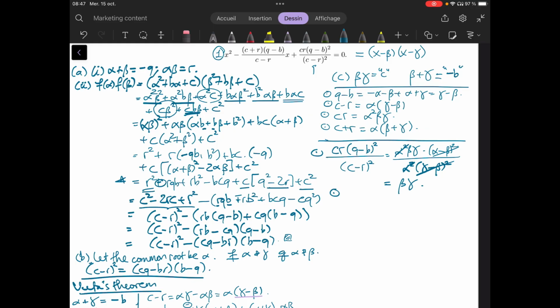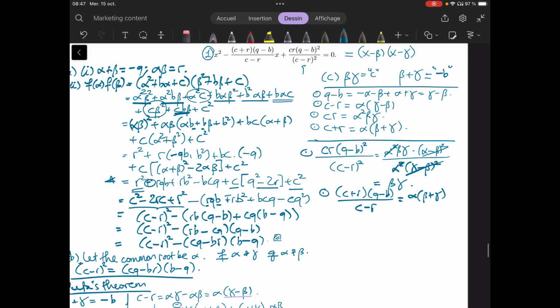We also know that c plus r times q minus b divided by c minus r. c plus r, q minus b, c minus r.